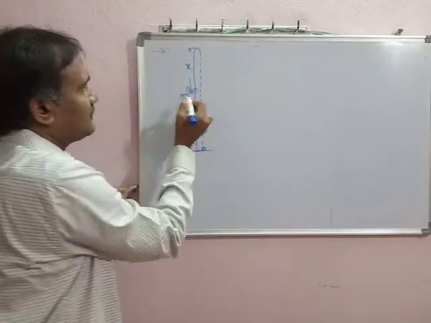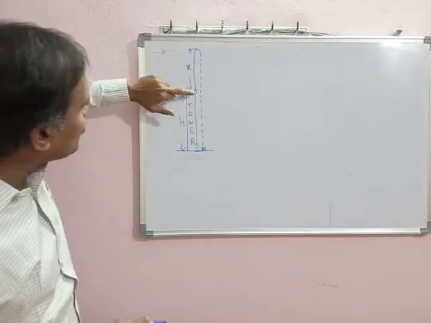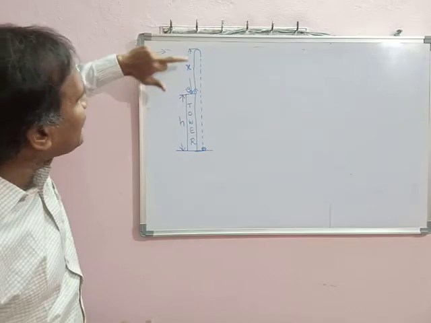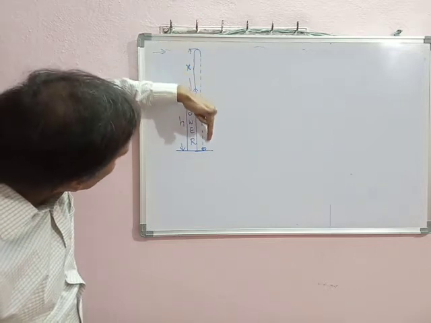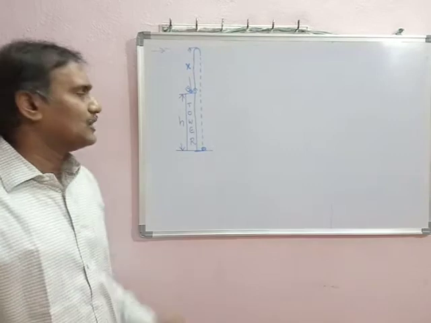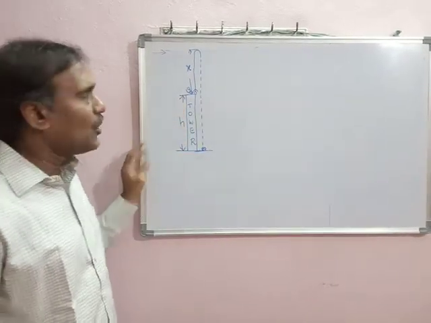Do you understand this diagram? An object is projected upwards from the top of the tower. It rises to a height x. From there onwards, it moves in the downward direction and hits the ground nearer to the foot of the tower. Here the tower is of height h.